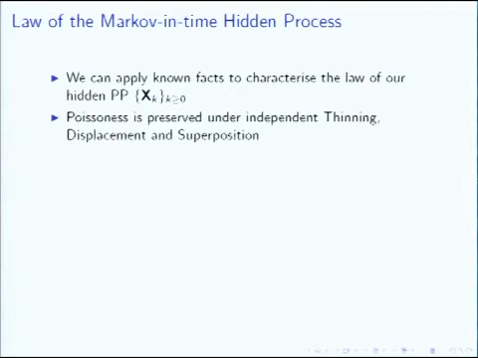Now, the main point here is a well-known result. You can look it up in lots of books. There's Daley and Vere-Jones. There's Kingman's book. Well, they don't necessarily treat a problem like that, but you can just peel off well-known results. It basically says that Poissonness is preserved under independent thinning, displacement, and superposition.